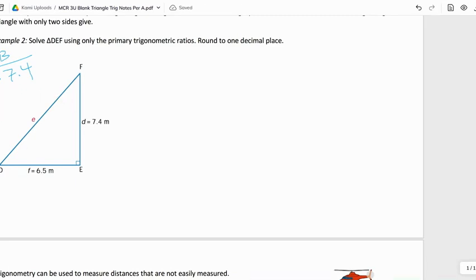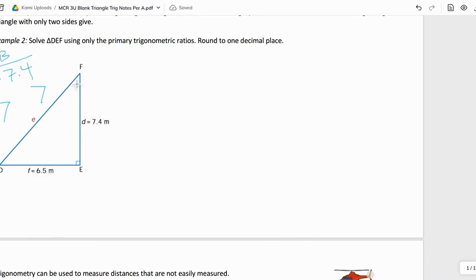Okay, this is a bit harder. Which angle out of D, E, and F is going to be the biggest angle? Definitely E. Which one is going to be the smallest? Do you know why? Yes. Because the corresponding side of F is the shortest.